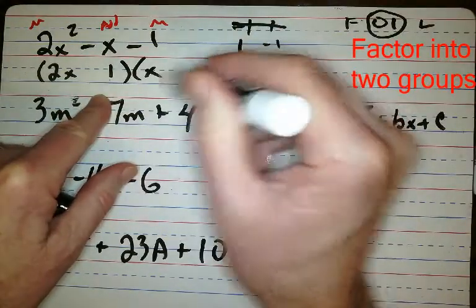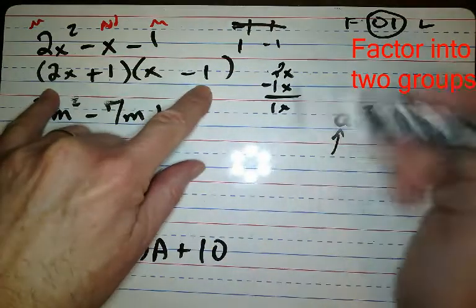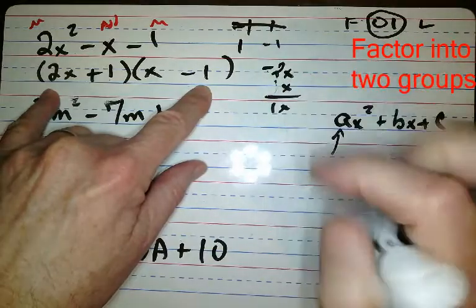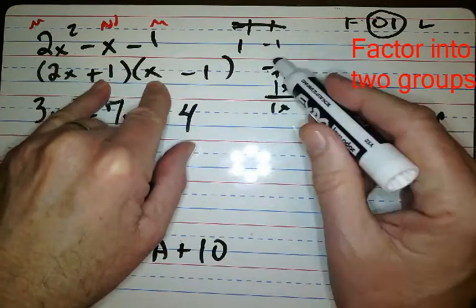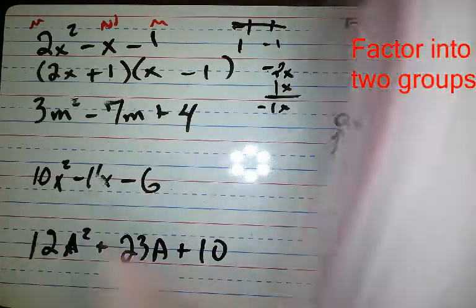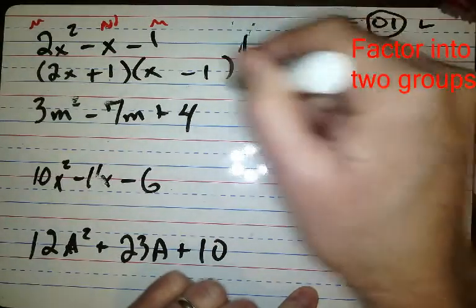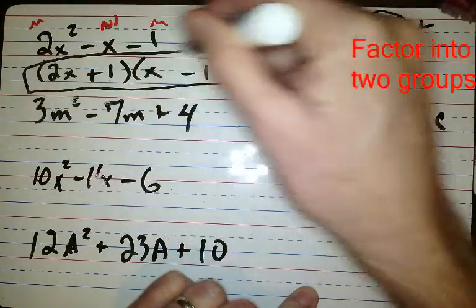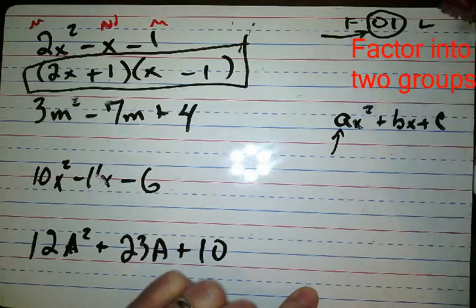So let's check just to see. When I multiply the outside, I get negative 2, and when I multiply the inside, I get positive 1, and negative 2 plus 1 is negative x. That means that this is the factor. So you always have to check the inside plus the outside.